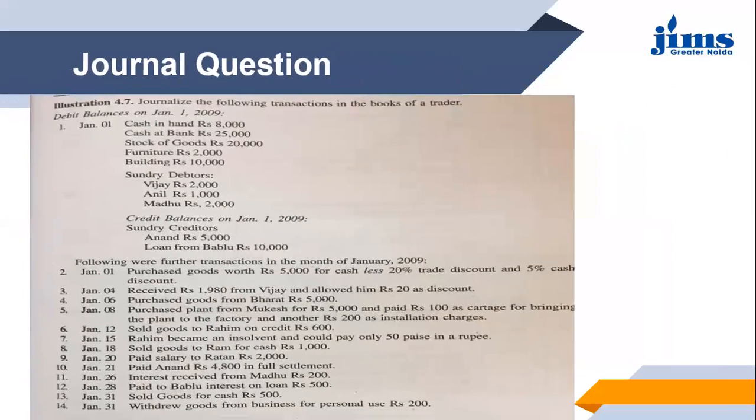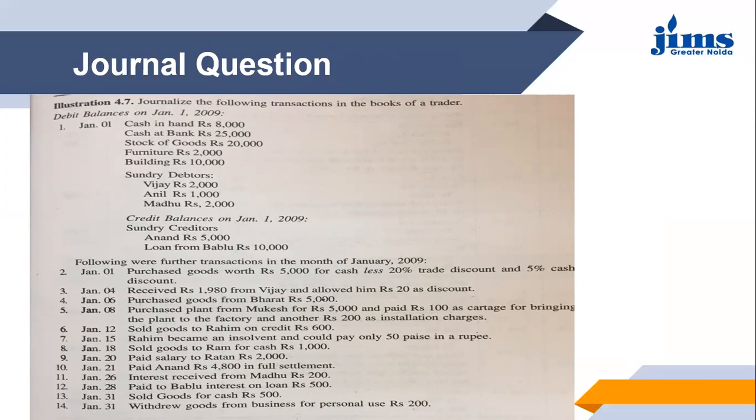Then coming to the next entry, it is plant purchased from Mukesh for 5,000, and paid 100 rupees as cartage for bringing the plant to the factory and another 200 as installation charges. Now you are purchasing the plant from Mukesh for 5,000 and paid 100 rupees as cartage and 200 rupees as installation charges.